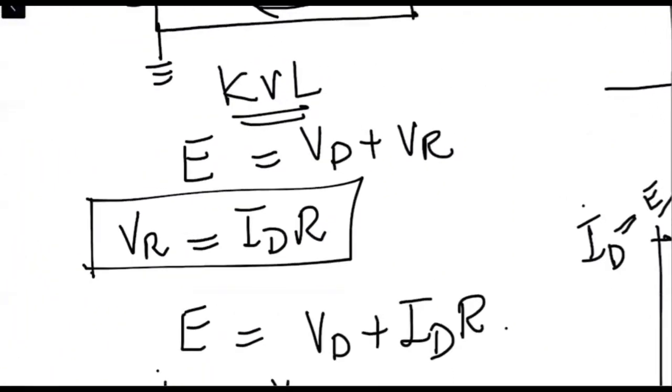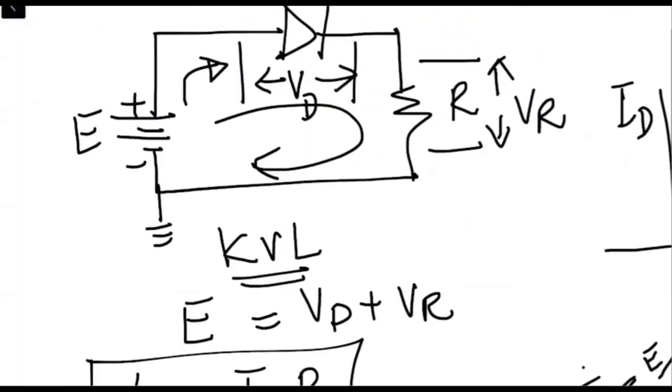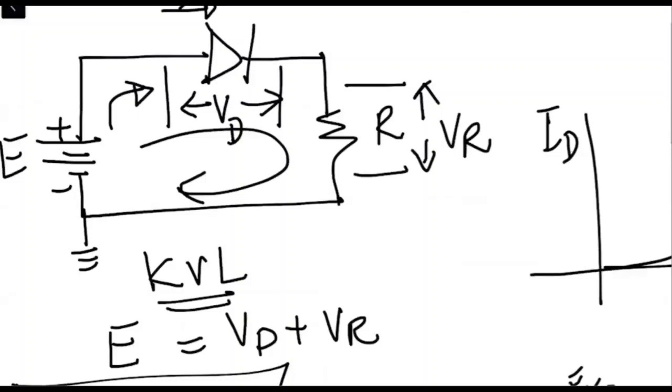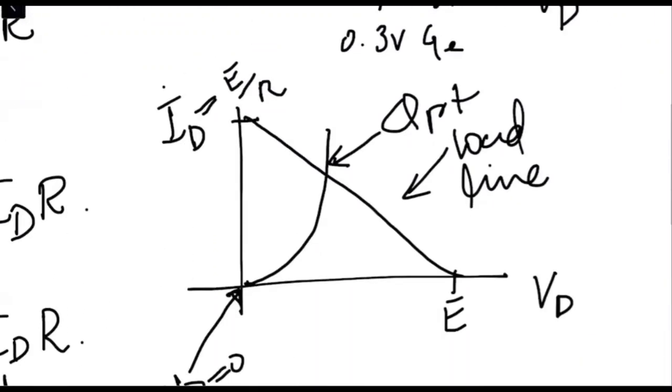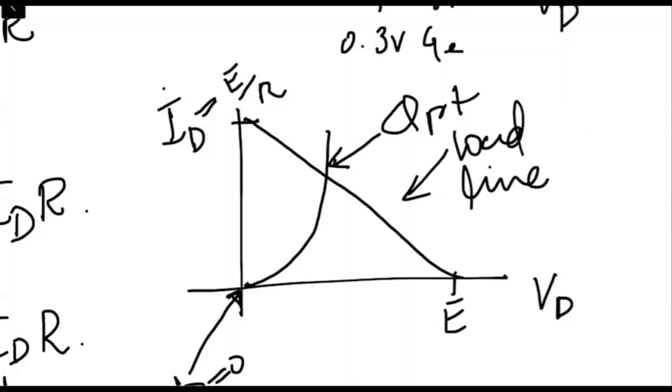If you see the value E, which is the biasing potential, and the value of the resistance, the slope of this line depends upon E by R. So if we increase the value of resistance, this line can move over here, and the slope of the line will be something like this.